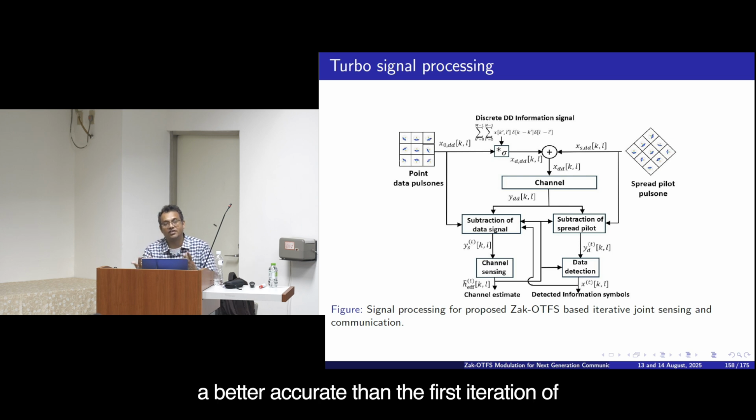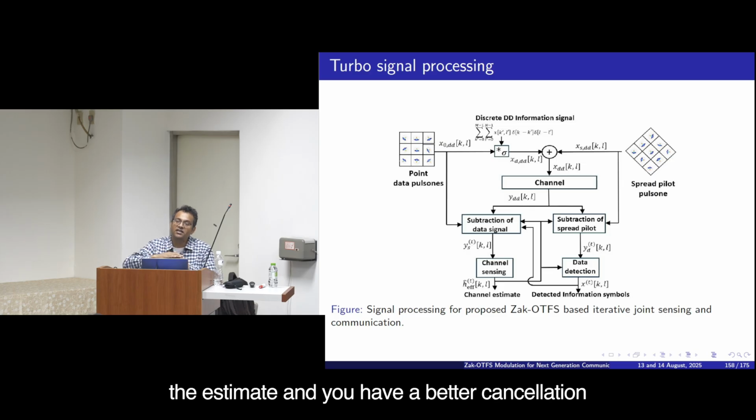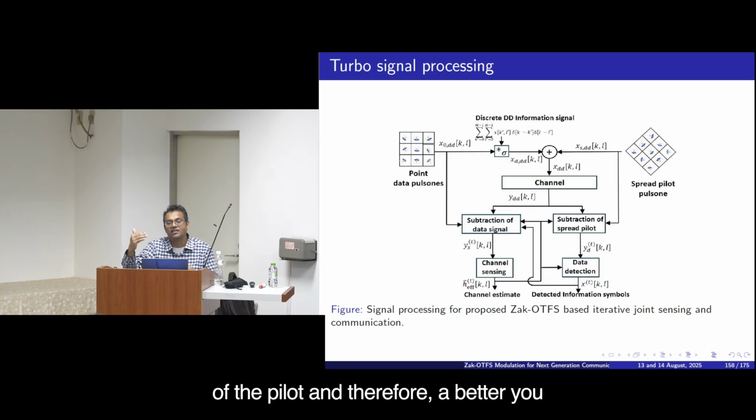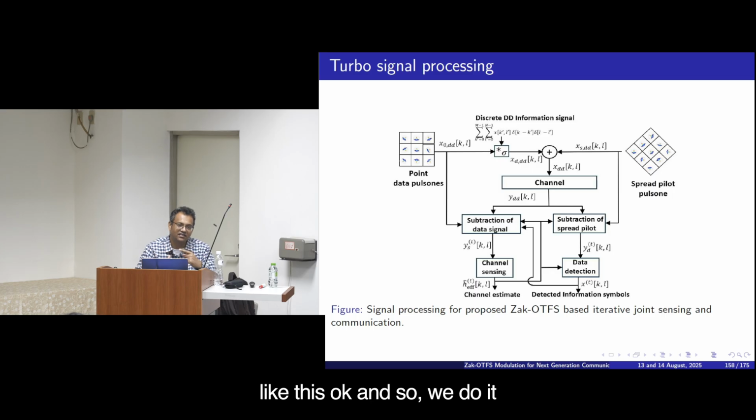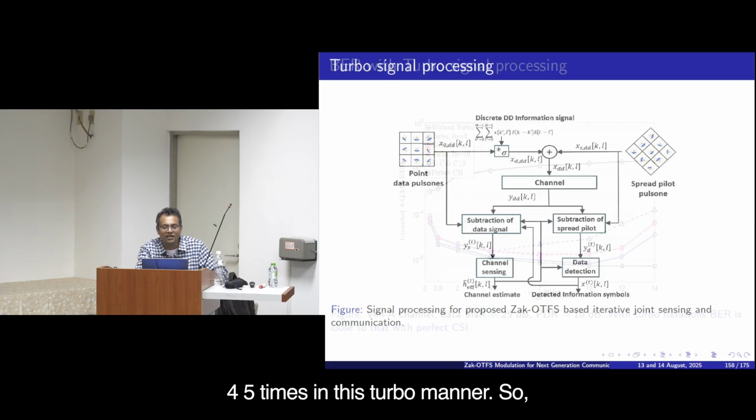You get a more accurate estimate than the first iteration, and you have a better cancellation of the pilot, and therefore a better detection of the data. So your bit errors can be reduced like this. And so we do it 4-5 times in this turbo manner.